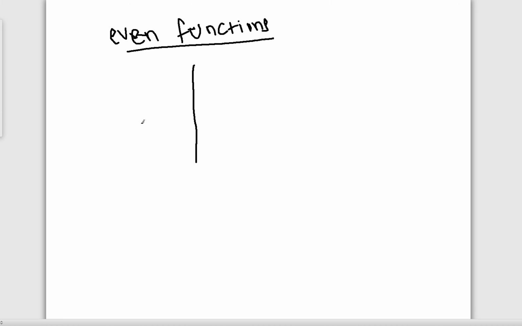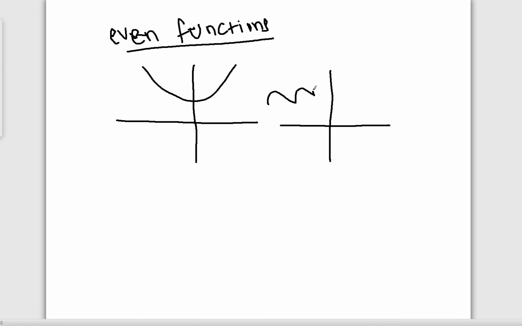So even functions, what does it mean? Okay. So even function means something that is symmetric about the y-axis. Something like this. Or something like this also is possible. This is also symmetric about the y-axis.